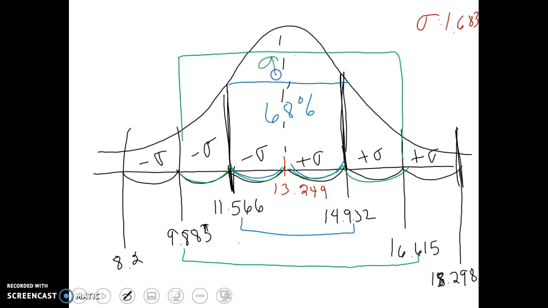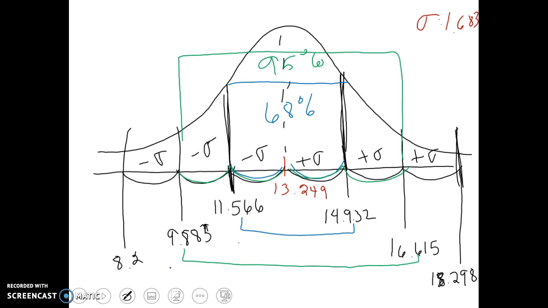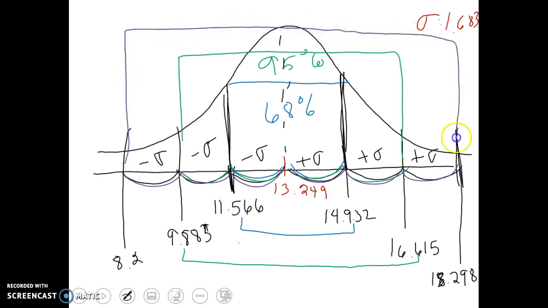That is 95% of the data. And last, if we go down 3 and up 3, these two boundaries contain 99.7% of the data. So 99.7% of the data falls between 8.2 and 18.298.